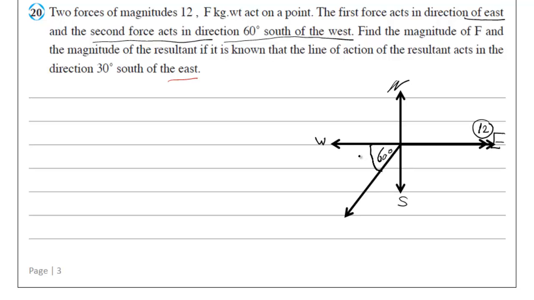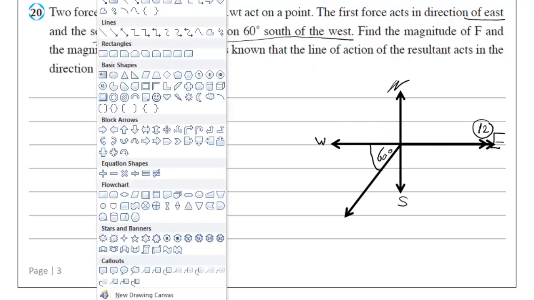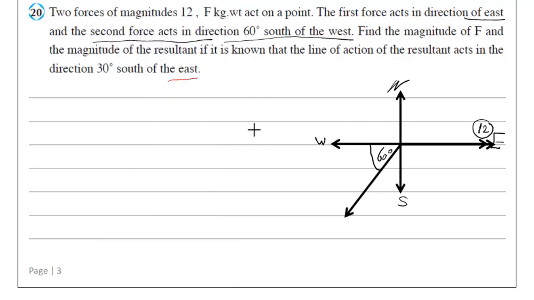What about the resultant? Here they said the line of action of the resultant acts in the direction 30 south of the east. The resultant lies between south and east here, but making an angle of measure 30 with the east, with the second here.